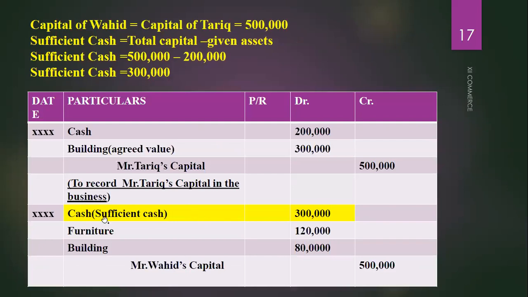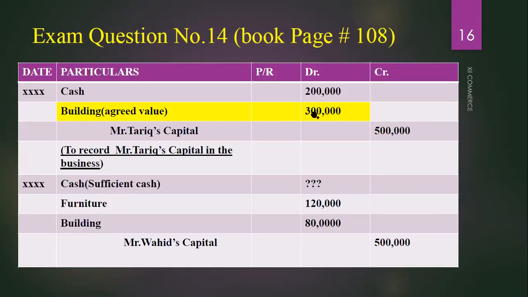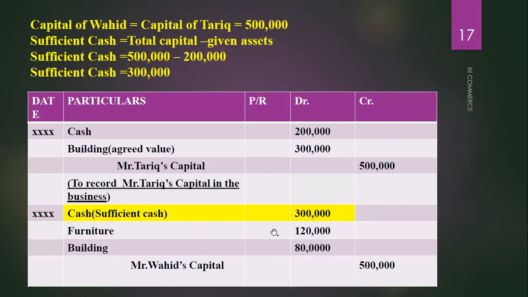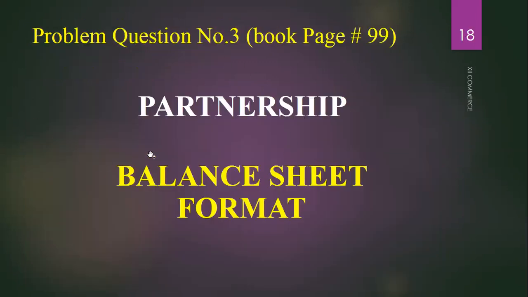So this is the strategic part in which we have calculated two things. One is the building agreed value we consider. Another thing, we don't know the sufficient cash, and we applied the formula and found the sufficient cash value, the total capital minus given assets. And here is the calculation also. Again, it is mentioned as a working. For the examination, you have to show this as a working. So this is your complete journal entry.